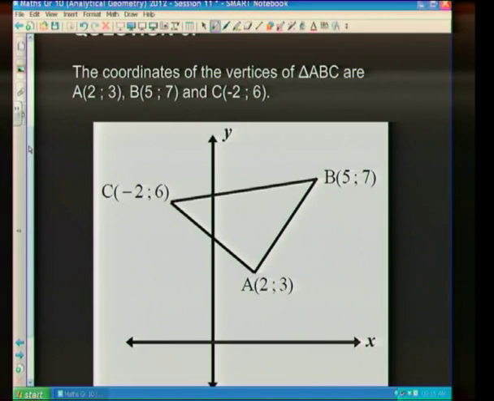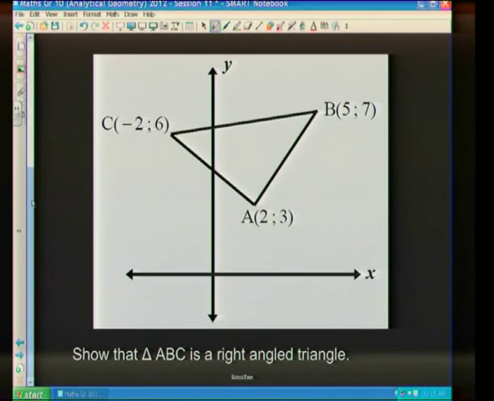Question 6 says, the coordinates of the vertices of triangle ABC are 2, 3, 5, 7, and minus 2, 6. So that's all very groovy. And the question asks us to show that triangle ABC is a right-angled triangle. Now, just looking at this sketch, it's obviously not drawn 100% to scale.